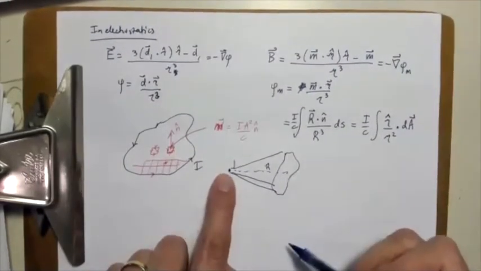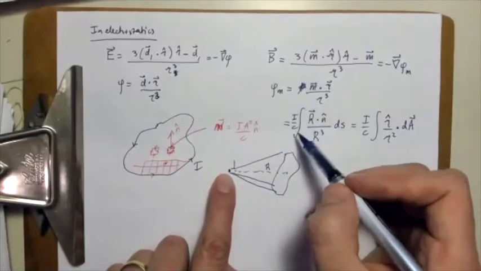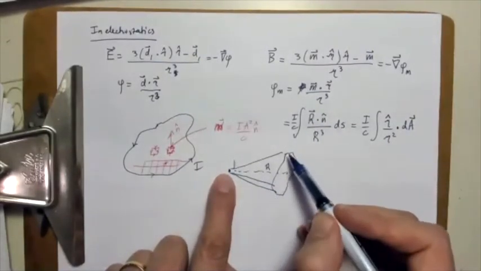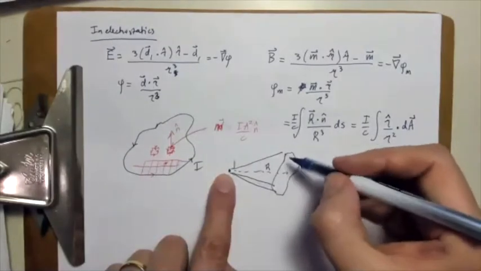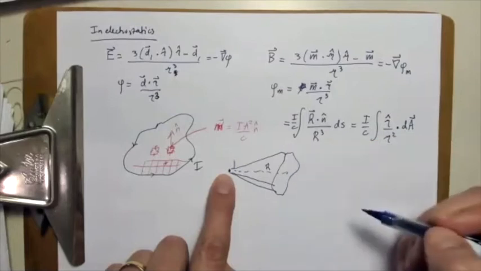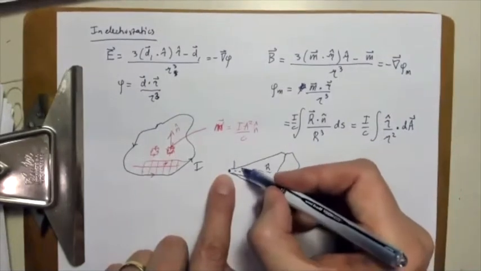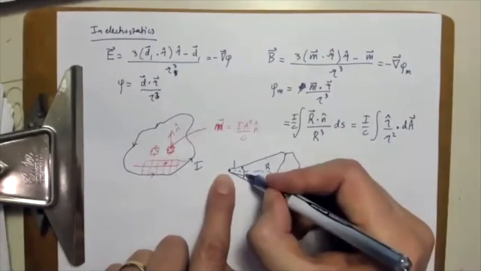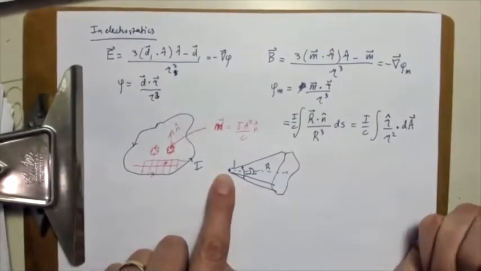From this point of view, which is where we are evaluating the potential, we are integrating over the surface area of this loop. And it is as if we're figuring out what that surface area is from this point of view, and that thing has a name, and that is the solid angle omega.